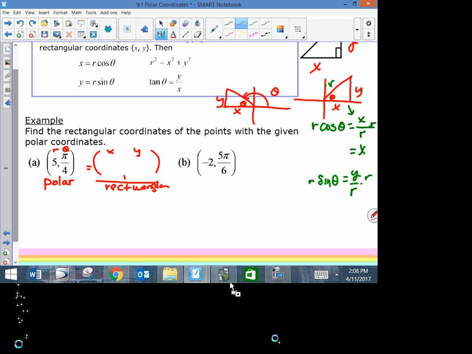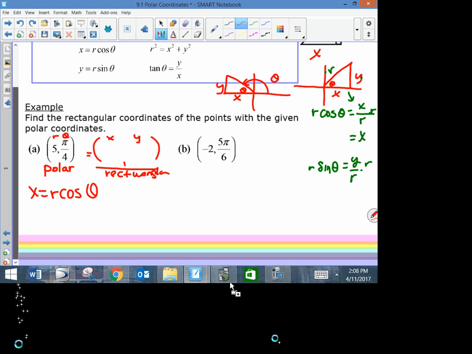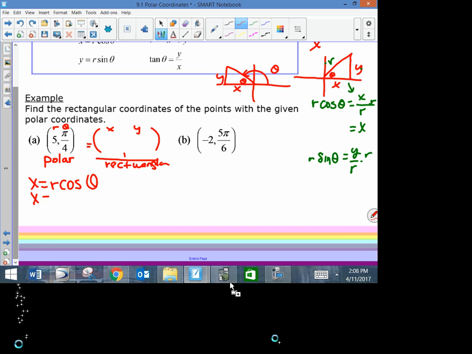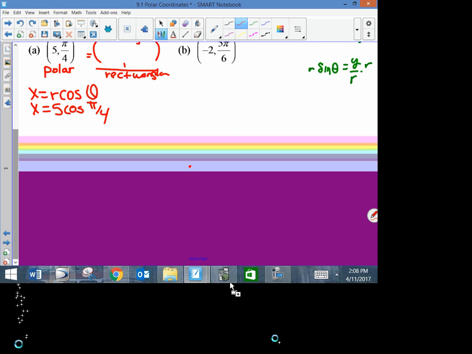Okay, so if you use this, x equals r cosine theta. Okay, x equals r, what's r? 5 cosine theta, what's theta? Pi over 4. Just when you thought you were done with the unit circle, you're not. So what's cosine of pi over 4?